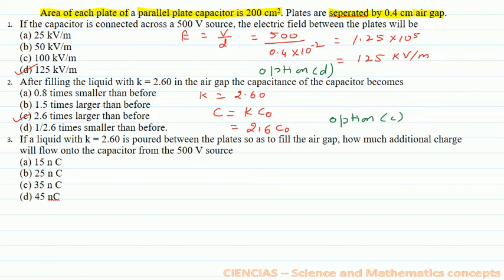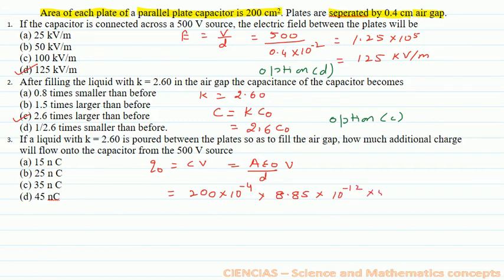So the initial charge Q0 is equal to C into V, that is equal to A epsilon 0 by D into V. Area is given to us as 200 centimeter square, so 200 into 10 to the power minus 4 meter square. Epsilon 0 is 8.85 into 10 to the power minus 12.